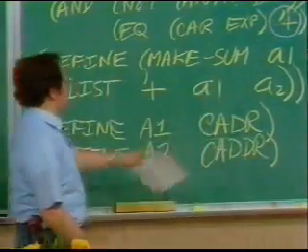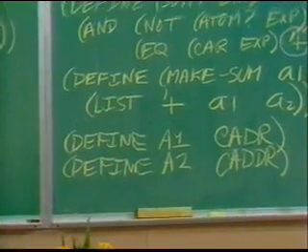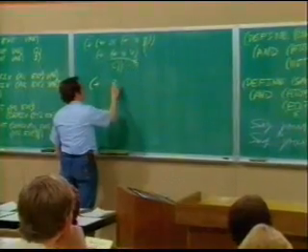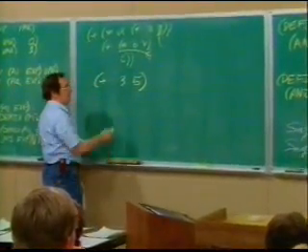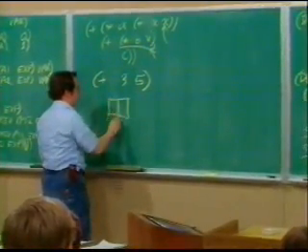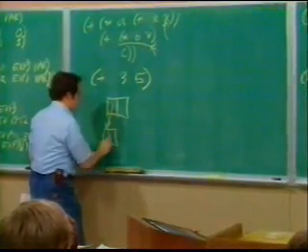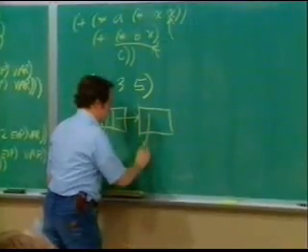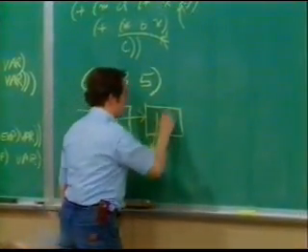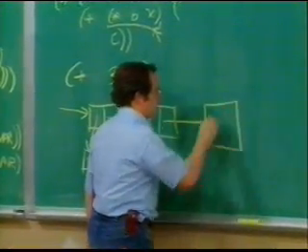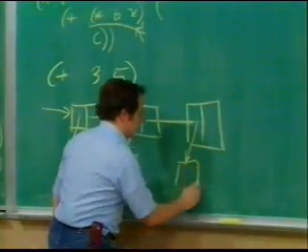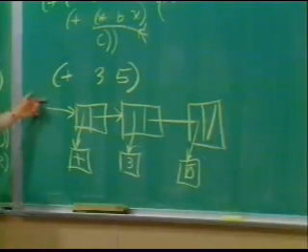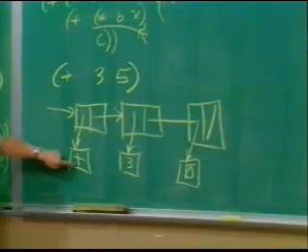And of course, you can see that if I looked at one of these expressions, like the sum of 3 and 5, what that is, is a list containing the symbol plus and a number 3 and a number 5, then the car is the symbol plus.